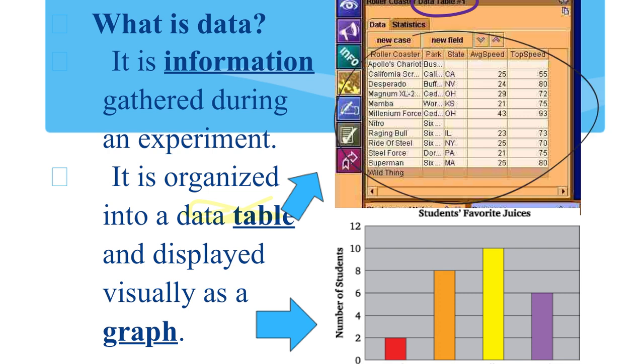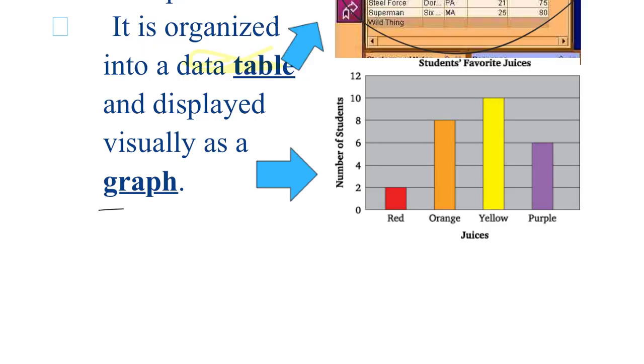And then that data is made visual in a graph form. When it's in a graph form, it's much easier to see patterns. And the patterns can be used in our analysis of whether our hypothesis has been nullified or proven.